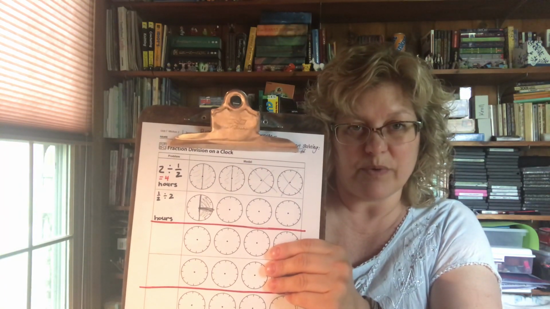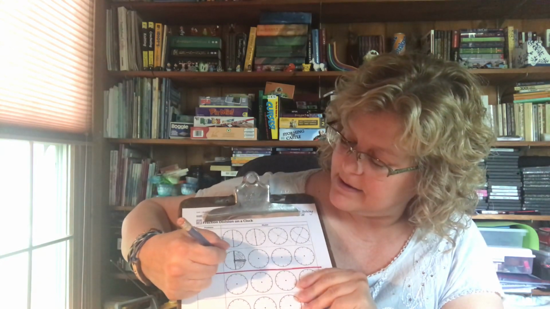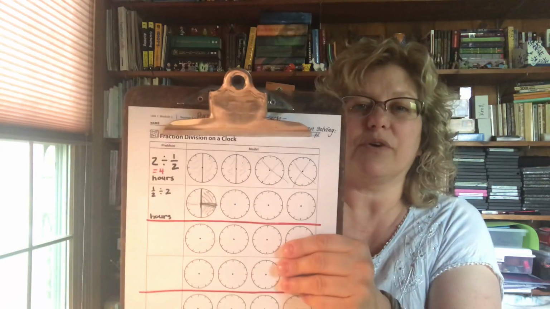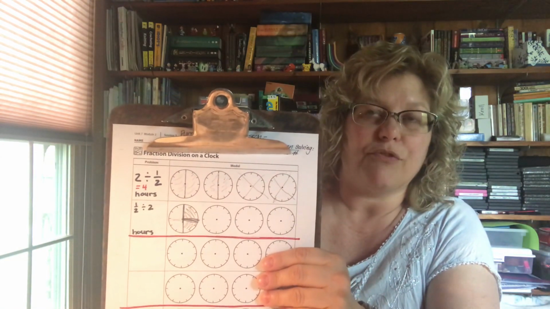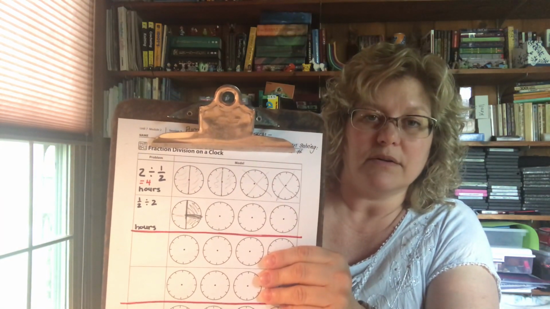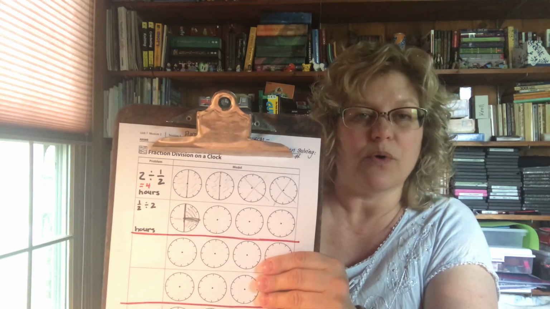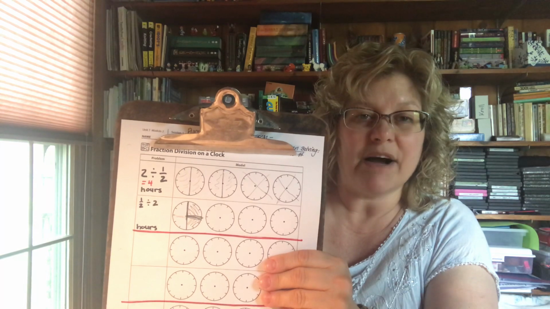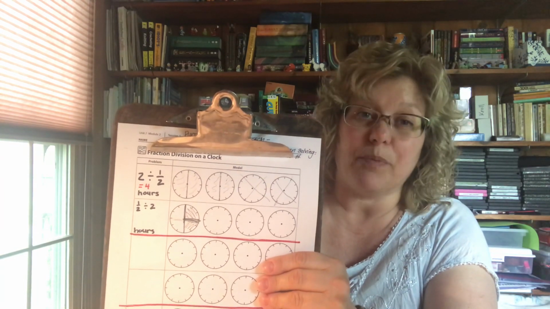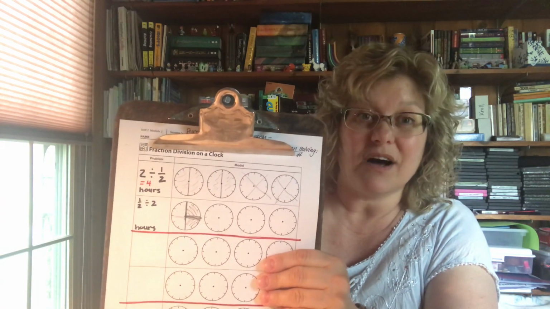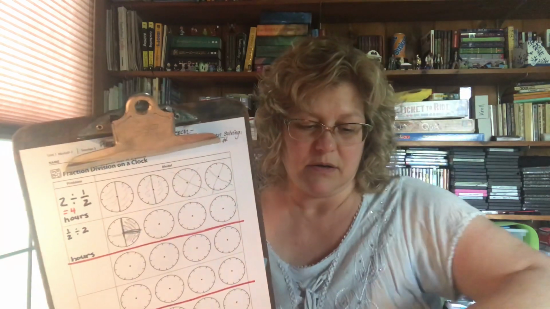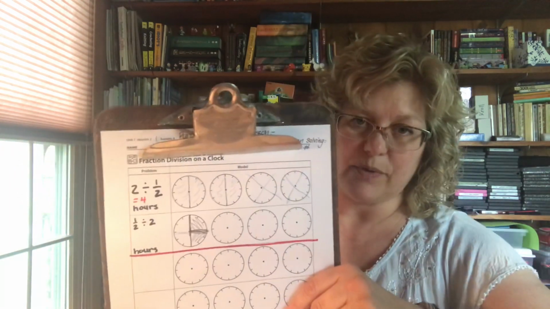Do you remember when we read a clock how we do that? If I was to split it all the way, my clock would go across there, and I know that there are 4 1/4 that are going to make that equal 1 whole clock. So 1/2 hour split into 2 equal parts equals 1/4, right?